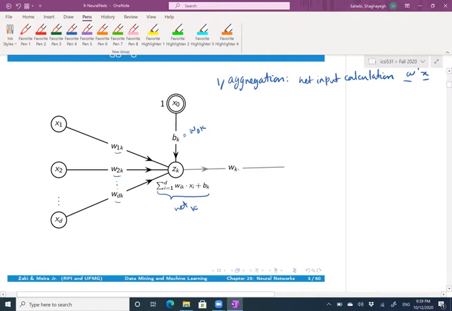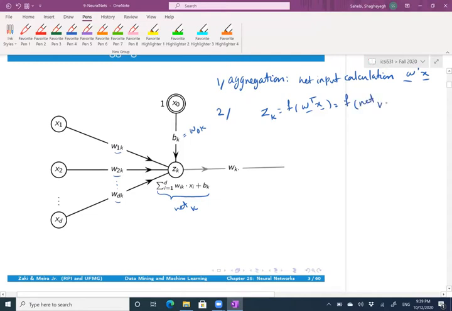The next thing that we do in a neuron, we said that it is applying a function, usually nonlinear, on the aggregation. So we say Z sub K, which is both the name of the neuron and the value of the output, is equal to F of this W transpose X, which we called net, right?